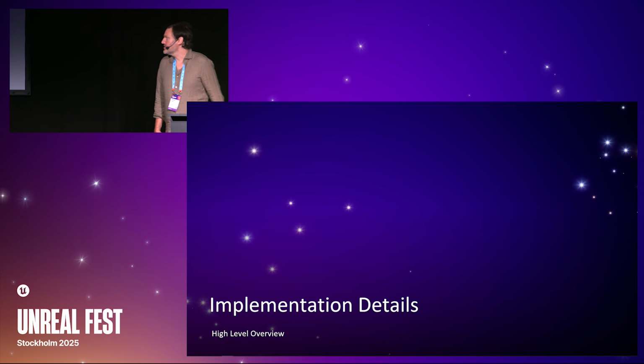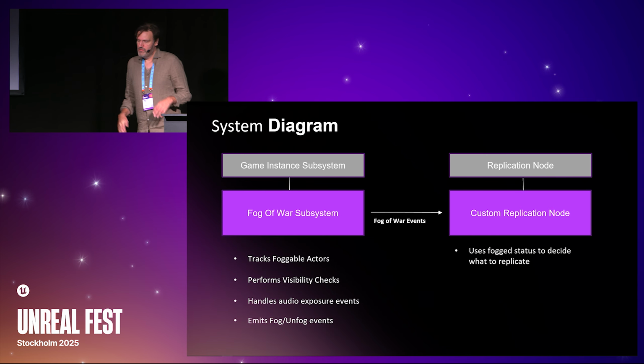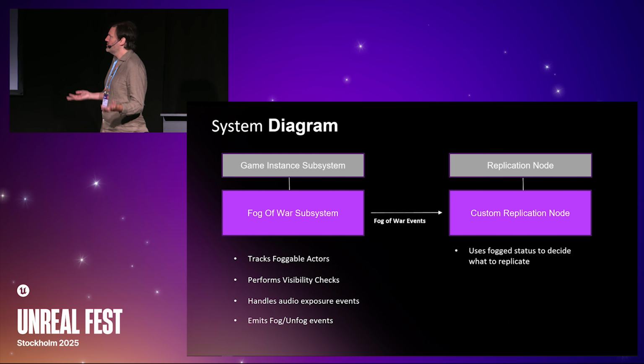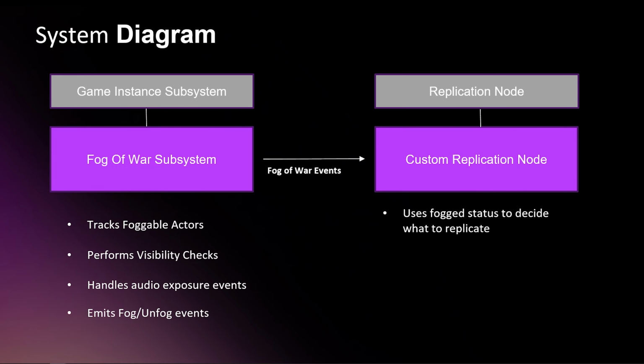So how do we do this? I'm going to run through a high-level overview of what we implemented to make this happen. The work consists of 2 main components: a fog of war subsystem, which is a game engine subsystem running whenever the game is, and a custom replication node, because we use RepGraph. We implemented a node that uses the fog of war status to decide what to replicate.